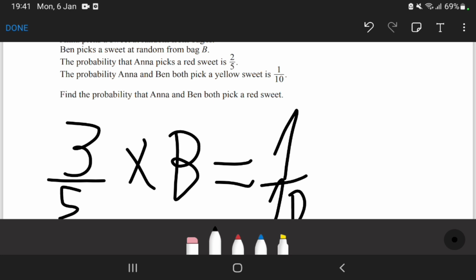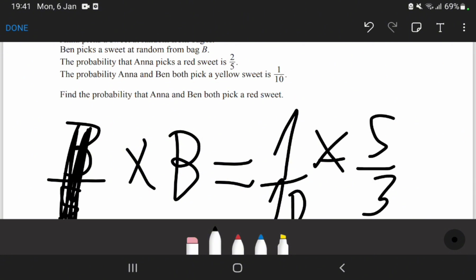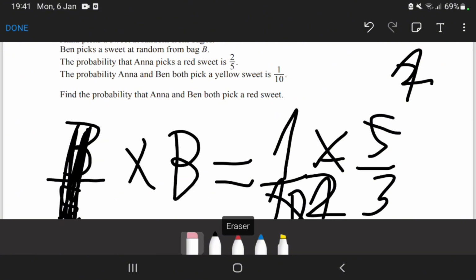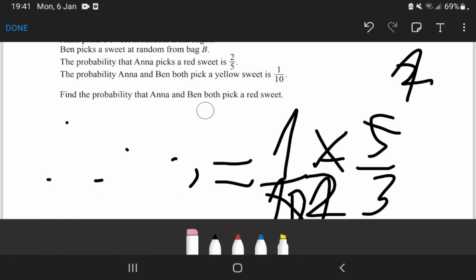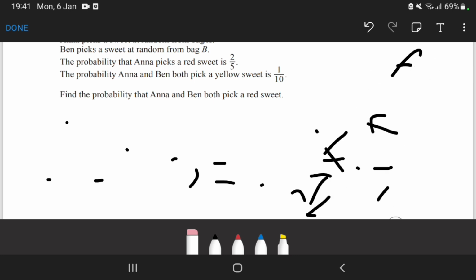If we multiply by 5 over 3 to cancel this out, we get 1 over 6, which is the probability of Ben getting a yellow sweet.